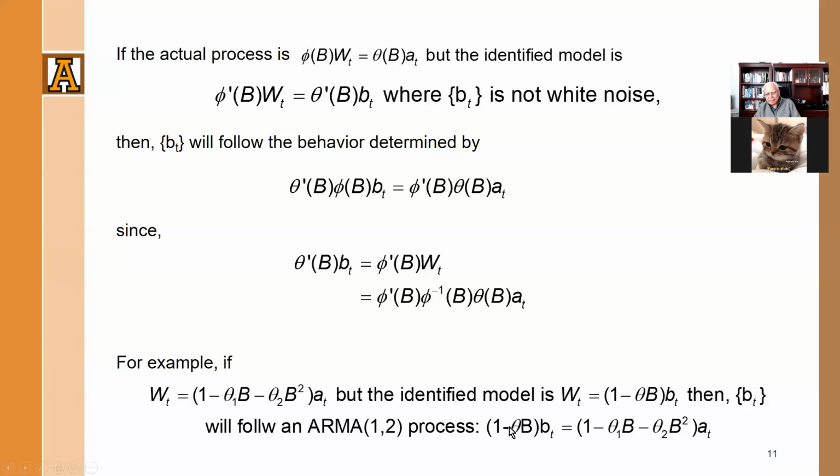So we replace b_t. So b_t would be equal to this MA polynomial times 1 minus theta B inverse, right? When we replace b_t in this equation by what it is expressed in terms of this model, then the 1 minus theta B comes as an inverse on the left side of the equation. And that tells us that we need to add an autoregressive term, right? That's what it's telling us.